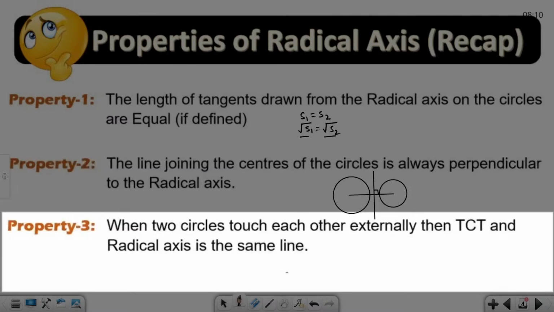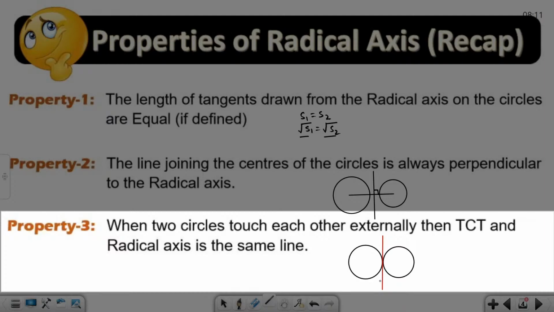Okay? The third property states that when two circles touch each other externally, then the transverse common tangent and the radical axis are the same line. This line is the transverse common tangent.